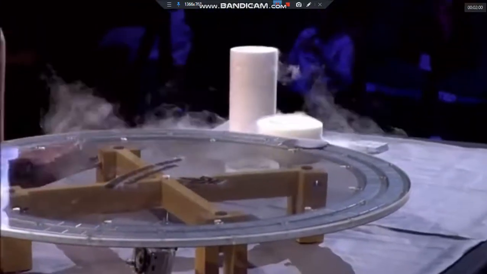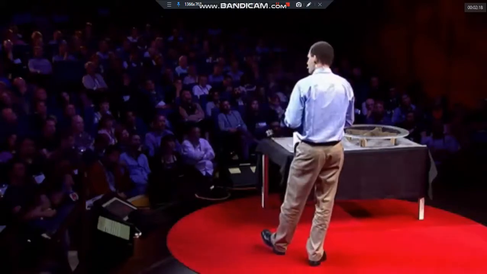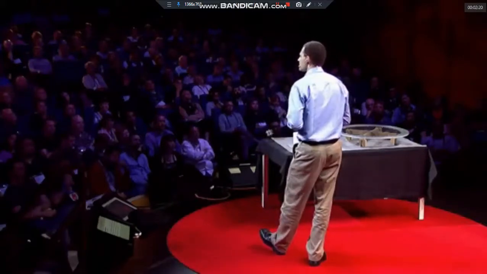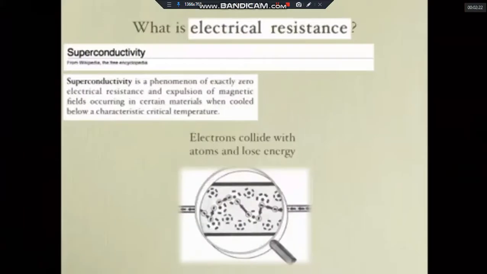The first is zero electrical resistance, and the second is the expulsion of magnetic field from the interior of the superconductor. That sounds complicated, right? But what is electrical resistance? So electricity is the flow of electrons inside the material. And these electrons, while flowing, collide with the atoms.